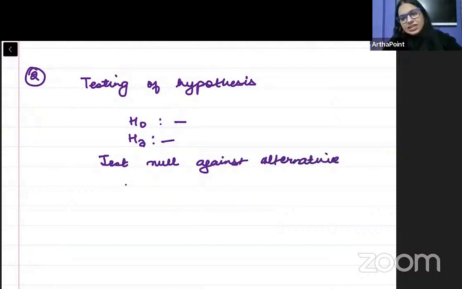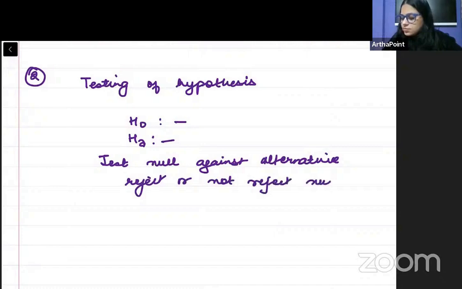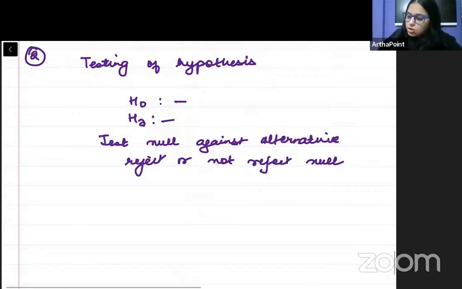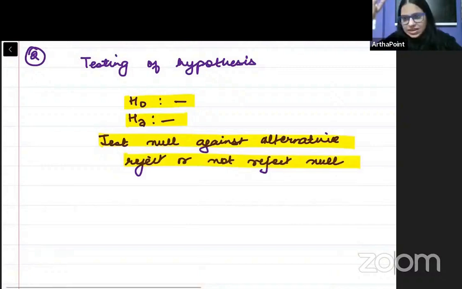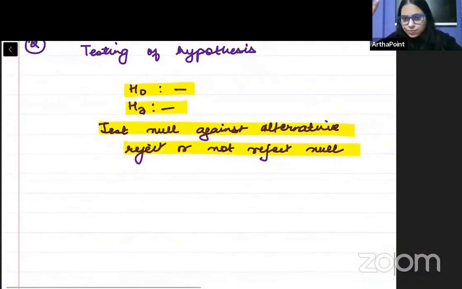We either reject or not reject the null. That's what we do. What is hypothesis testing? You set up null, you set up alternative, you test null against alternative, you reject or don't reject. These are the 4 steps. This is all you do.